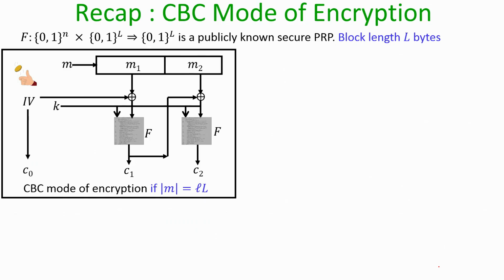So, just recall what exactly the CBC mode of encryption is. We have not formally proved that it is CPA secure, but there is a well known proof that indeed the CBC mode of encryption is a CPA secure mode of encryption.